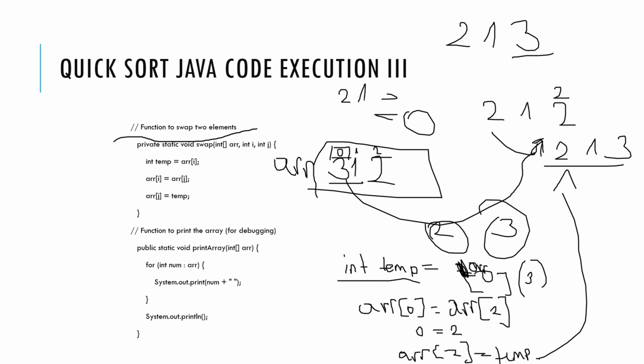We just swap the positions of two elements if the element is smaller than the pivot. For example, in this case, we take the 0 position and 1 position. We want to swap these elements. We store one into a temporary variable. Then we swap this into this position. Then we have 1, 1. And then we move the temporary variable into the position of the second element. And then we get this swapped and sorted.